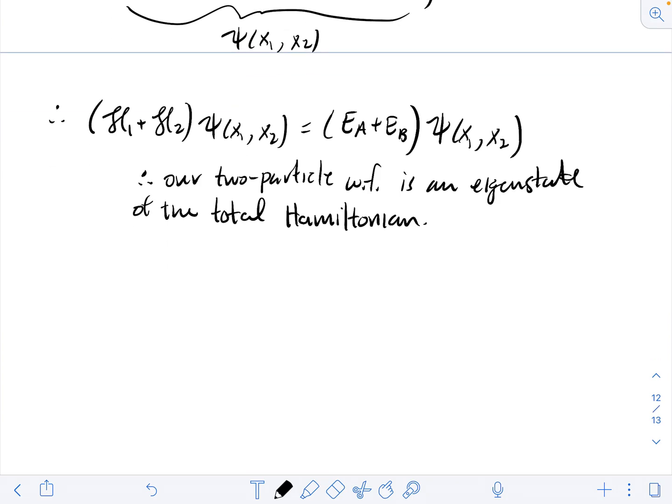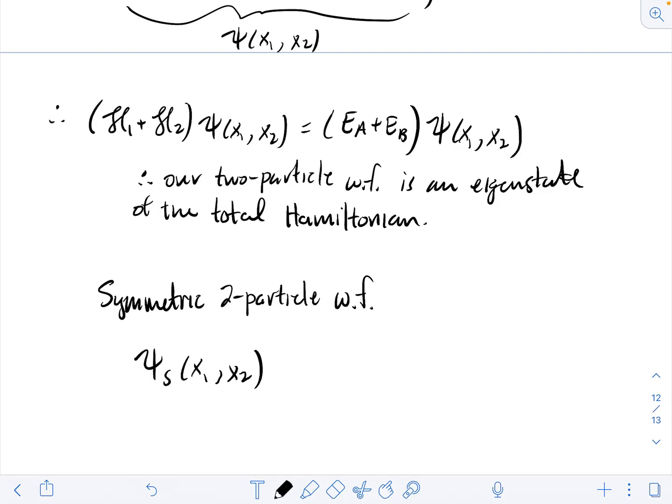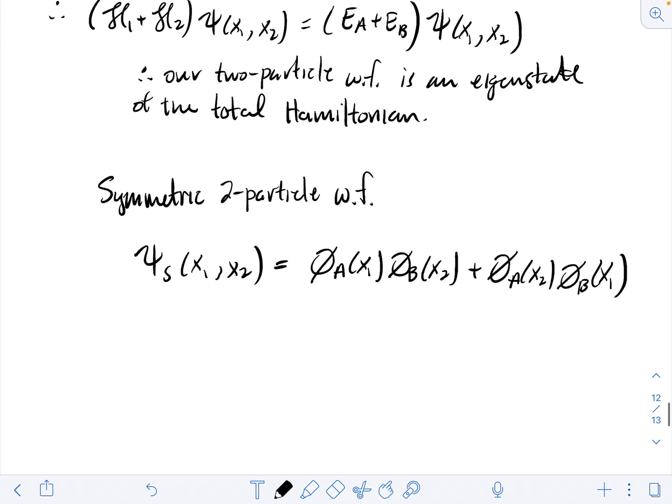And so therefore what we have is a symmetric two-particle wave function, which maybe we call phi s x1 x2, and so that's the one that uses the plus sign between this superposition of the particles in the two different states.